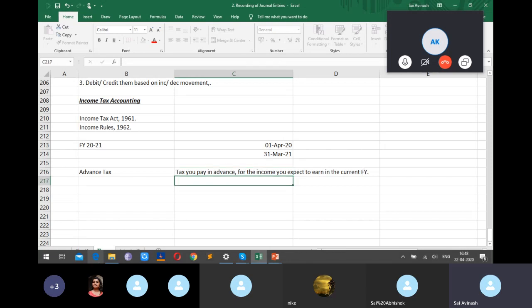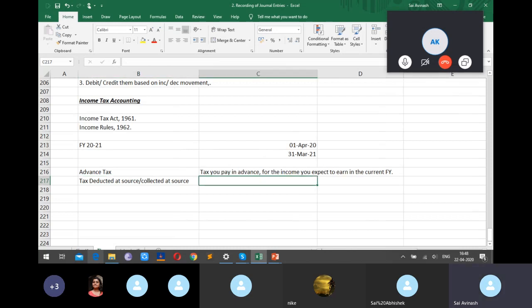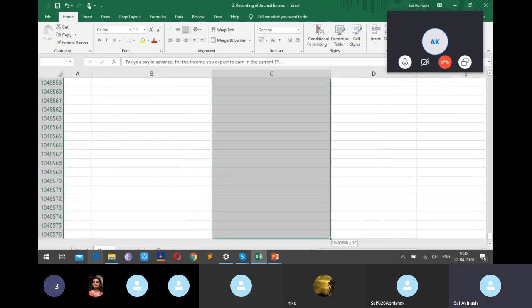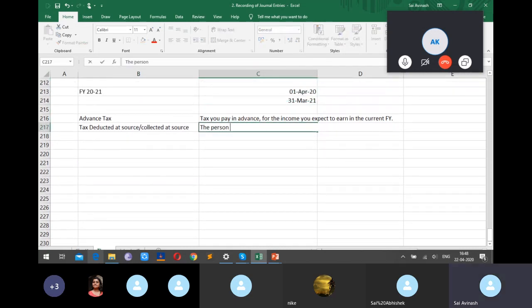financial year. And then you have something called tax deducted at source, or collected at source, which is tax the person who has to pay you some money has deducted before paying.